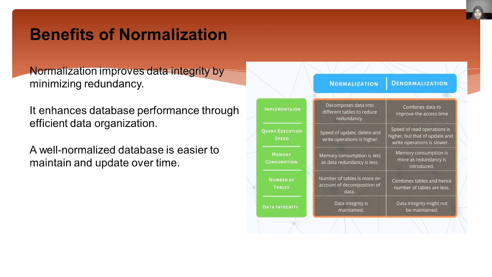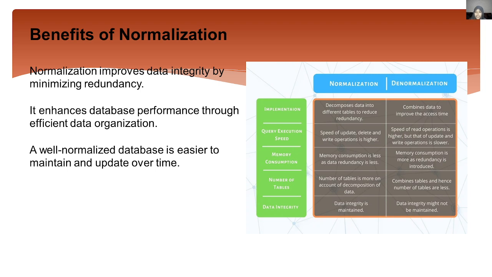But memory consumption in denormalization is more as redundancy is introduced here. Number of tables. The number of tables in normalization is more on account of decomposition of data, whereas denormalization combines tables and hence the number of tables is less.